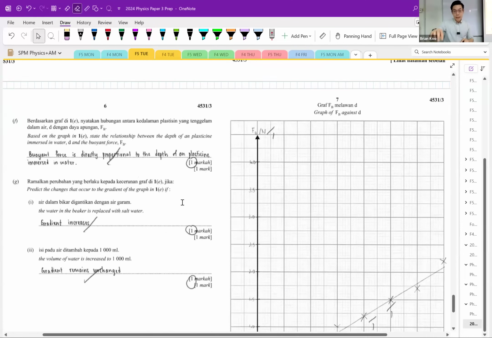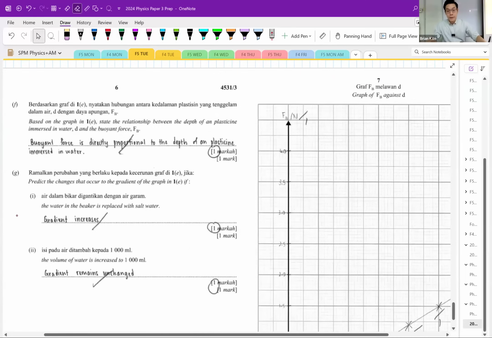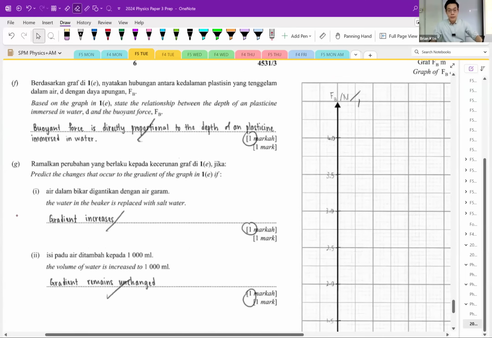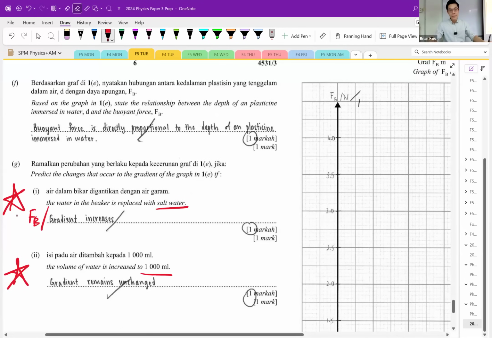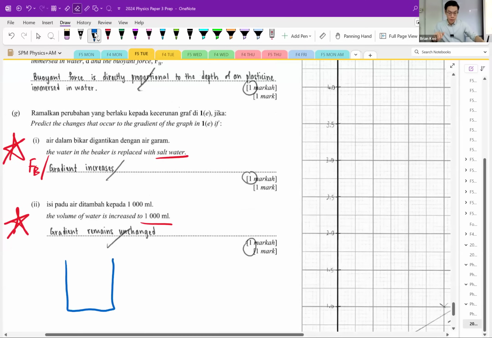Okay, then next one. This is the same stuff. If you replace the water with salt water, FB increases, gradient increases. If you increase the volume to 1000 ml, gradient is unchanged. Guys, how do you see whether or not it will affect the buoyant force or the gradient?